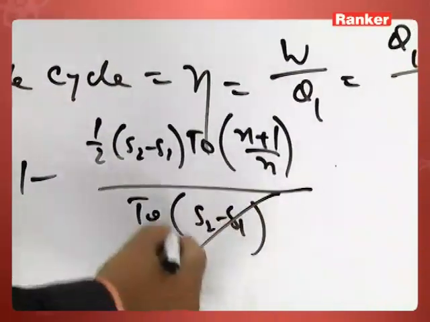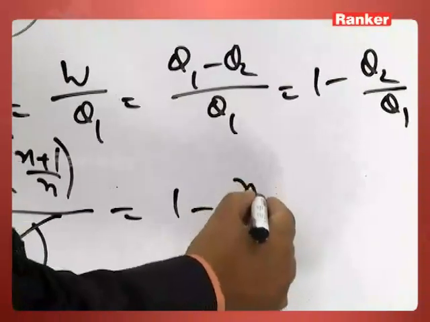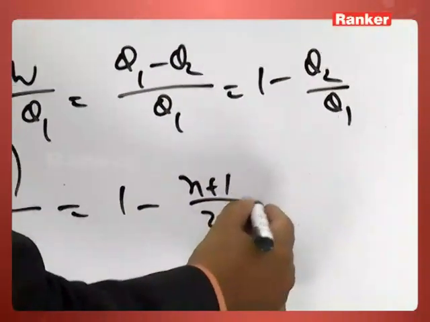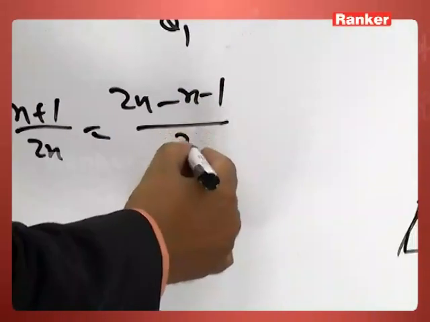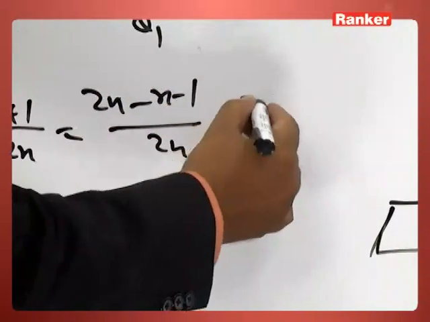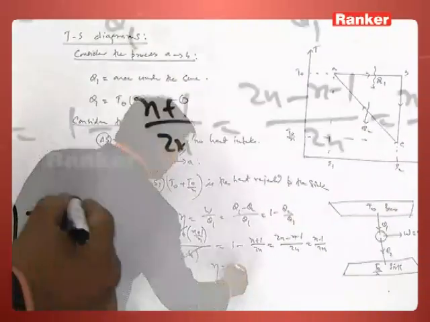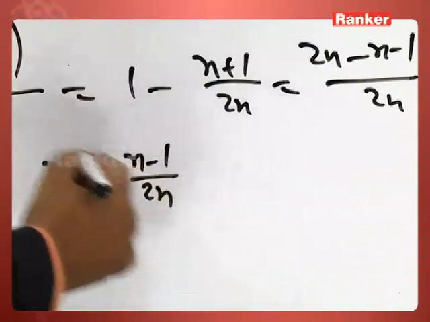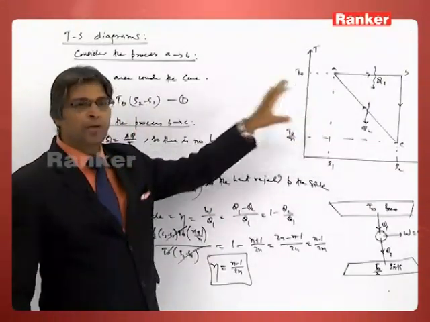So this term cancels out. This becomes 1 minus N plus 1 by 2N, that is 2N minus N minus 1 by 2N, equal to N minus 1 by 2N. So thus efficiency becomes N minus 1 by 2N for this cyclic process.